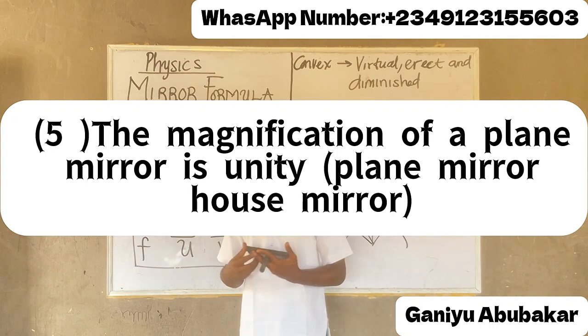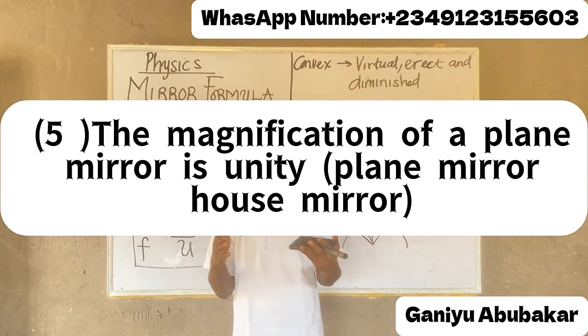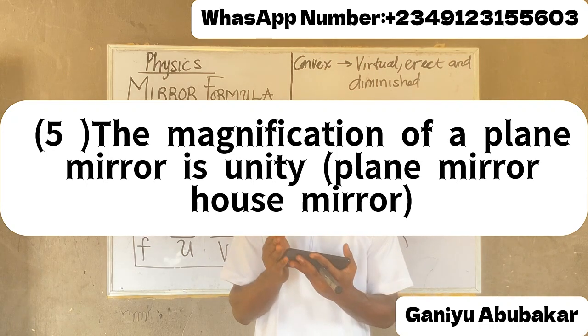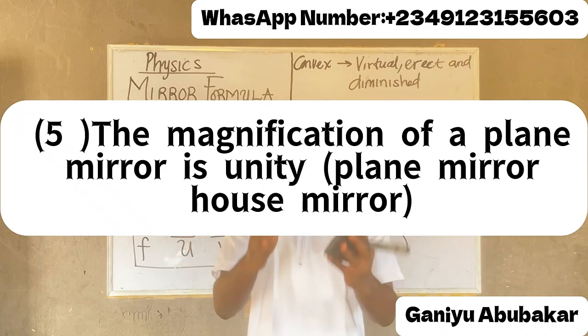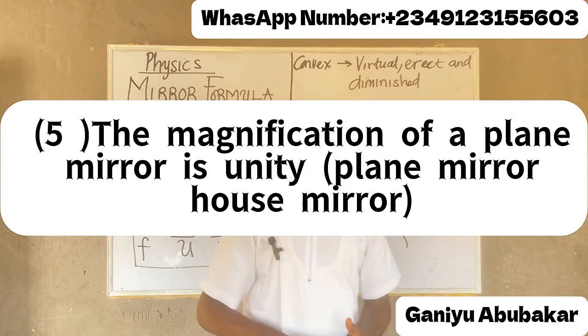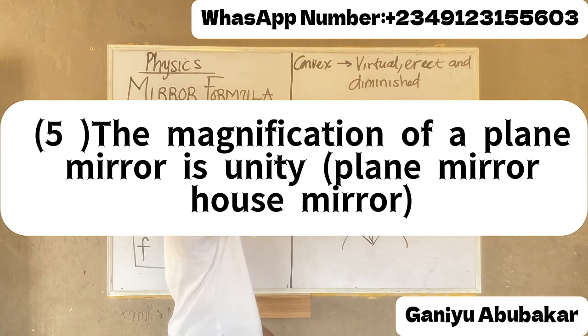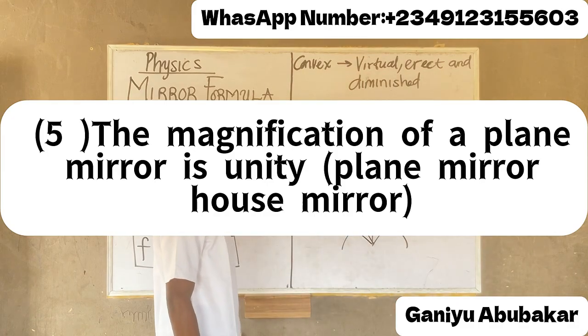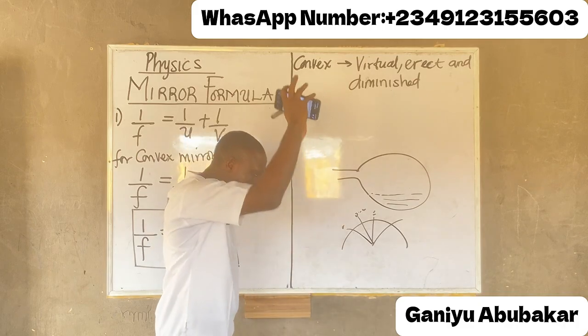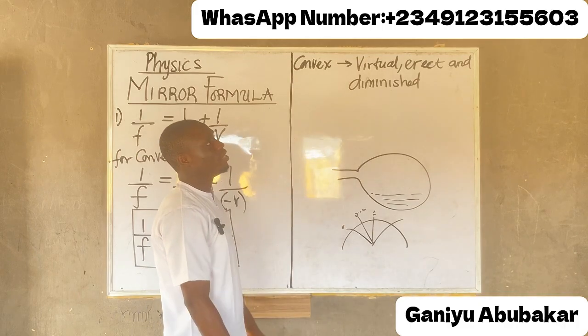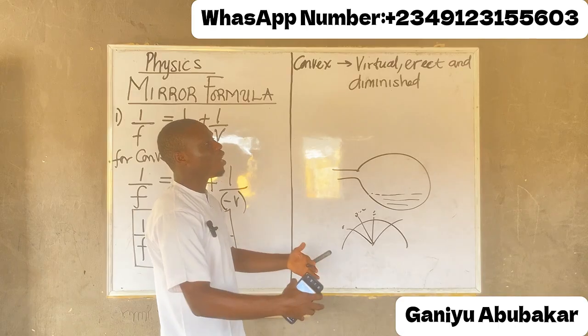I said the magnification of a plane mirror is unity. What's a plane mirror? A plane mirror is simply a mirror that does not decrease or increase your size. It will present you the way you are. If I have a plane mirror this way and I look at it, it will give me my exact height, the way I look plainly. It won't diminish me or make me bigger.